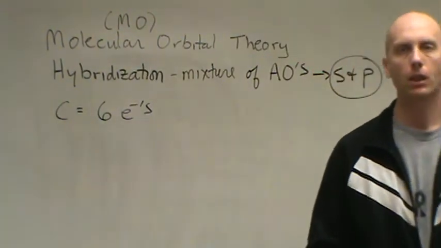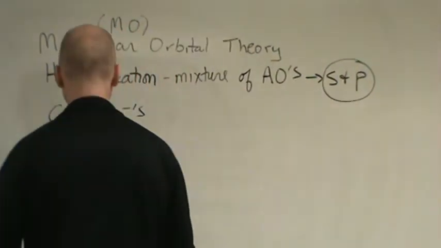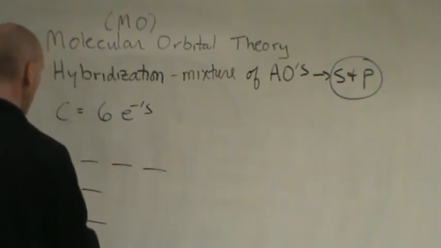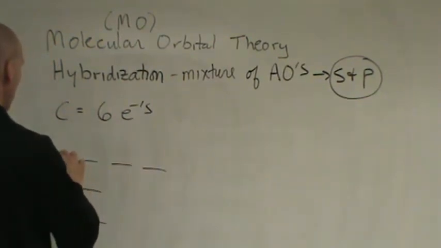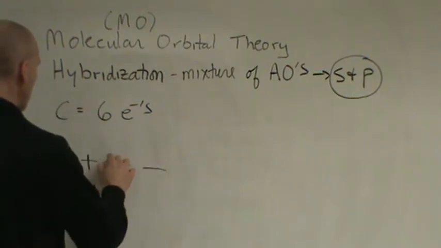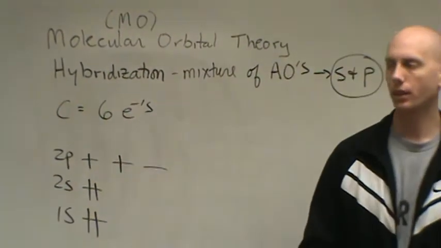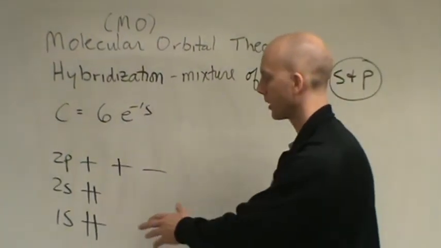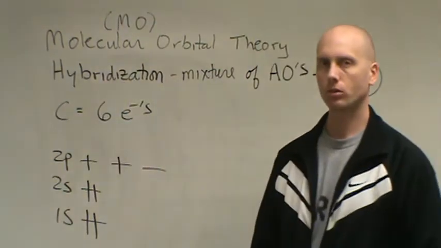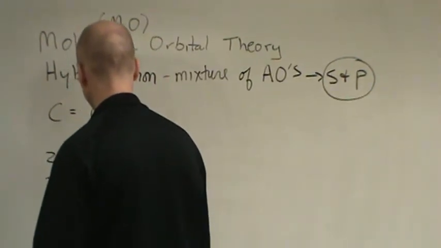And so what is its electron configuration setup? Here is the electron configuration of carbon, 1s2, 2s2, 2p2. And this is what's called the ground state.